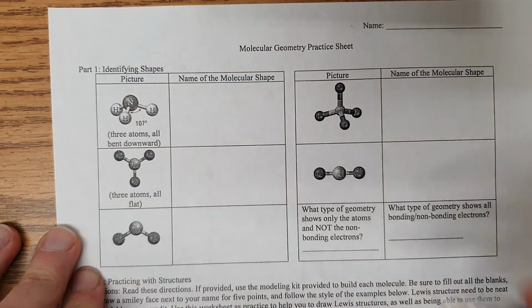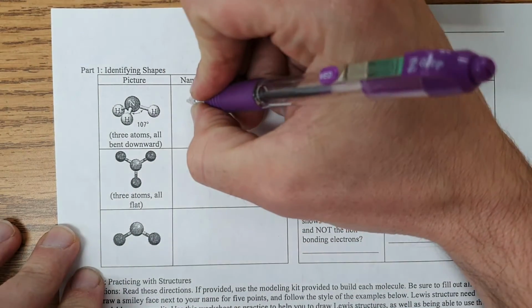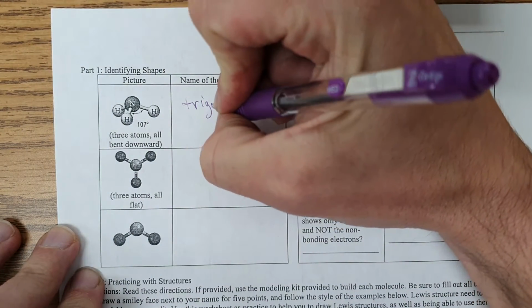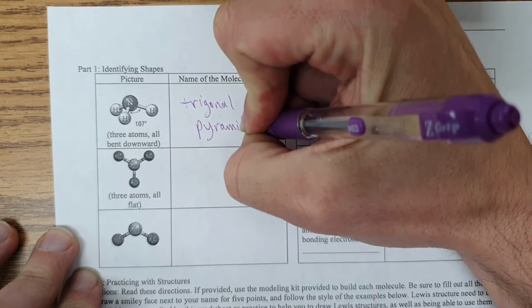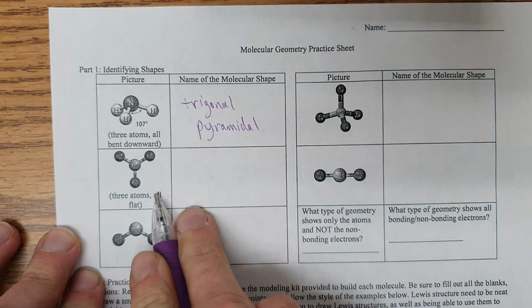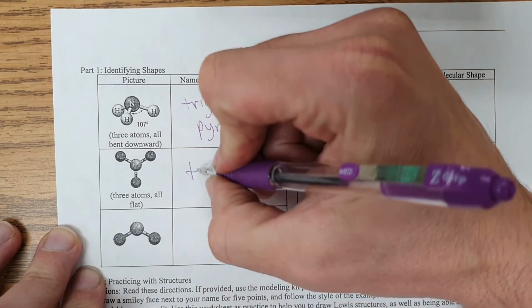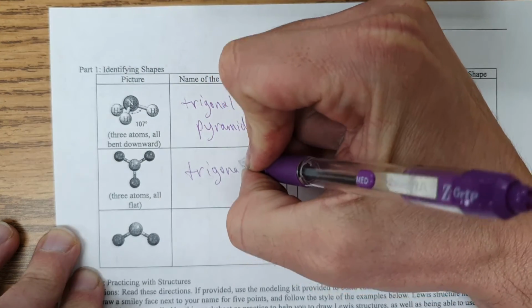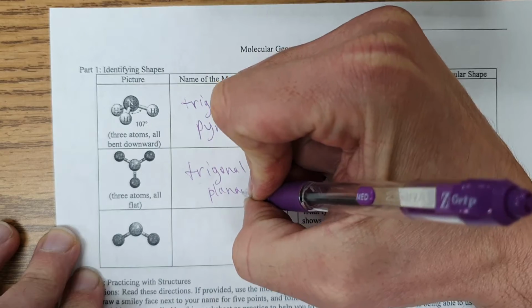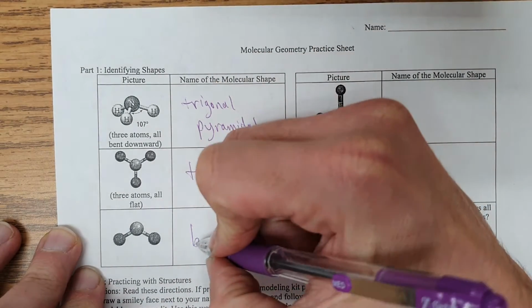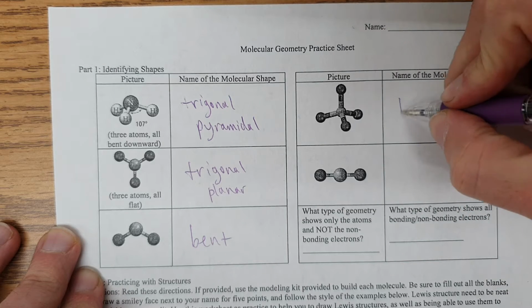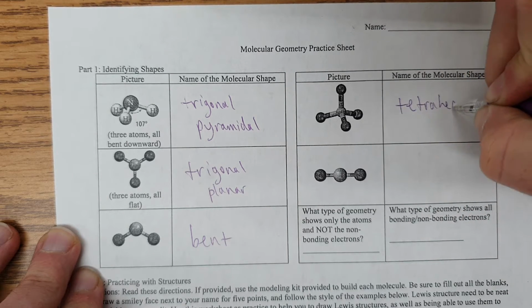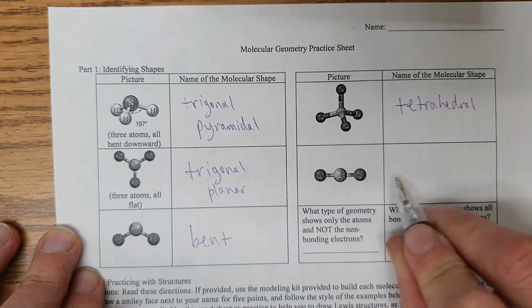A person would need to know that this is trigonal pyramidal, that this is trigonal planar because it's flat, that this is bent, that this is tetrahedral, and that this is linear.